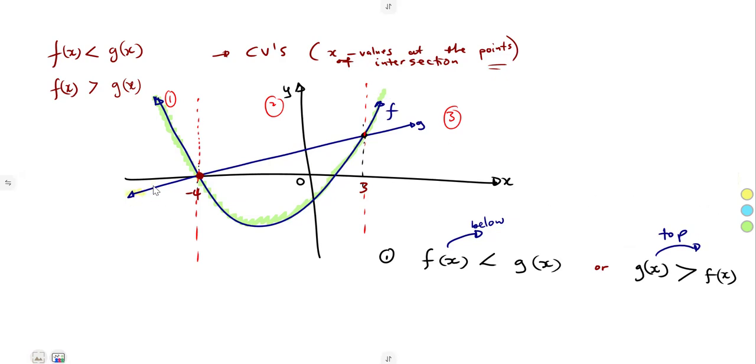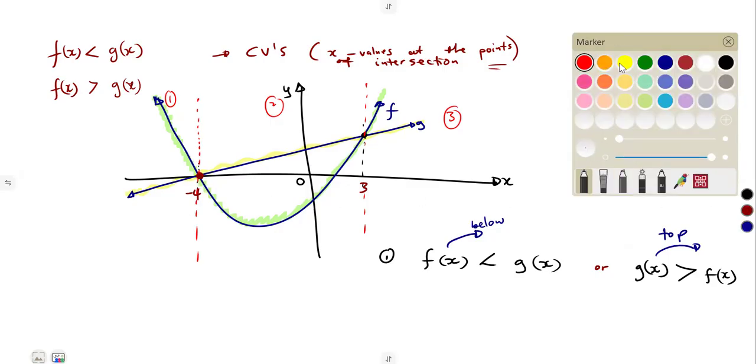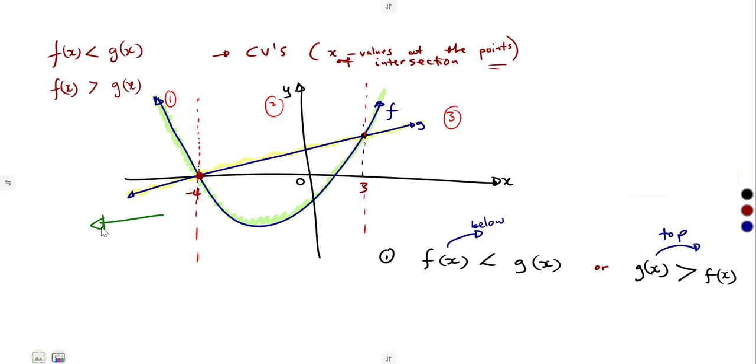We are comparing these two, starting from the point of intersection at minus 4, going to the left. What is happening on the left side of minus 4? This is our f, guys, and it is on top of g. This is our g, the straight line. F is on top.